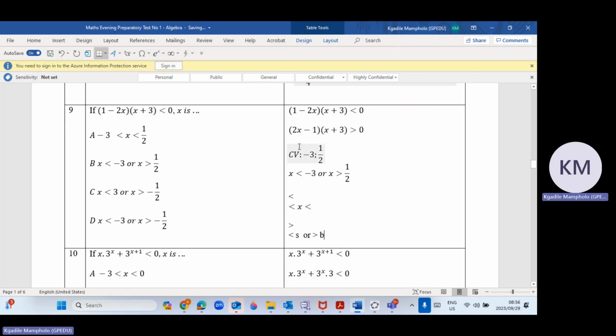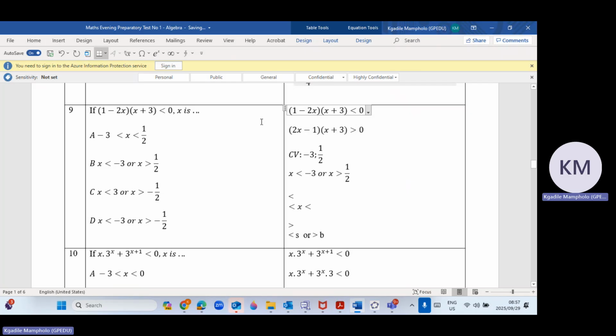Now when we look at this one, it is factorized already, it is 0, it's already in standard form, but when you check in this bracket, the coefficient of x is negative. So what you do, you divide the terms only in the bracket where the coefficient of x is negative. You divide them by negative, meaning here negative 2x becomes positive 2x. Here it was positive, this is negative.